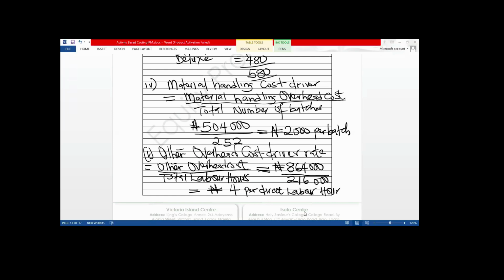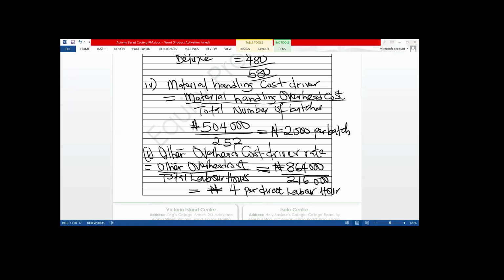In this question, we have 5 activities. For each activity, I will sum up, and that will give me the cost per unit.